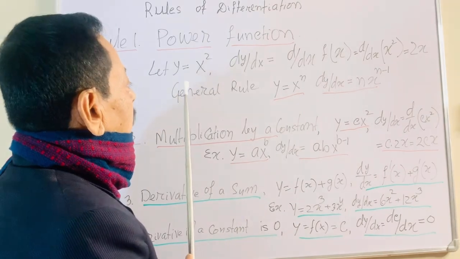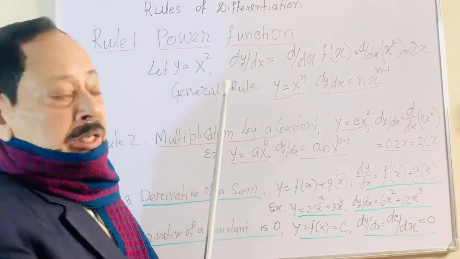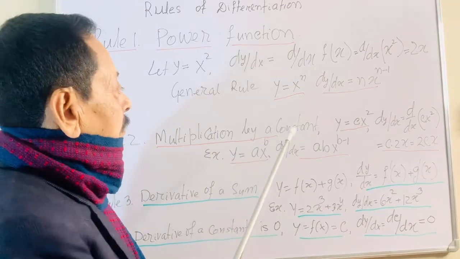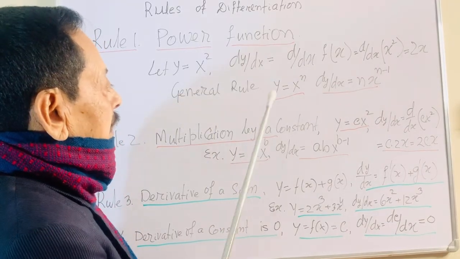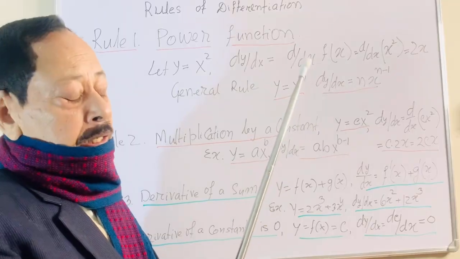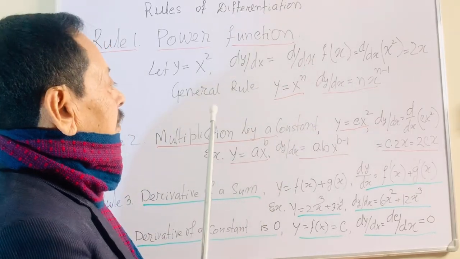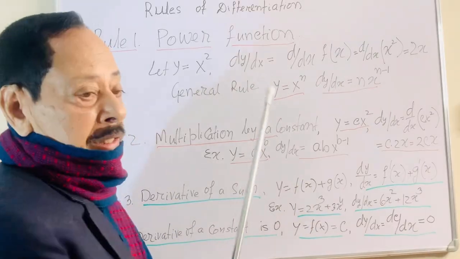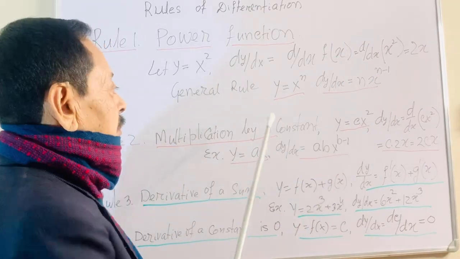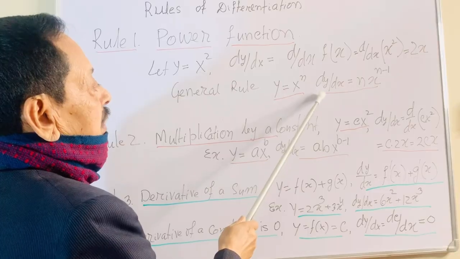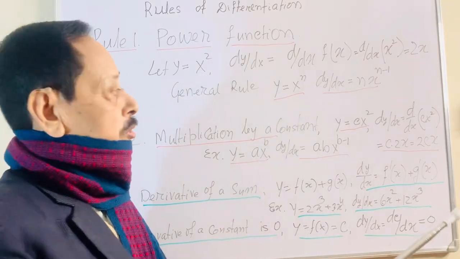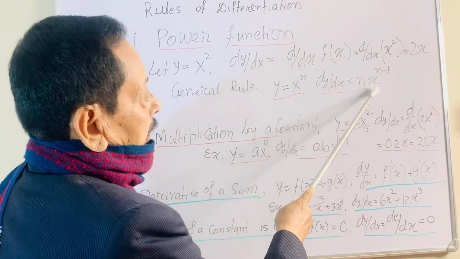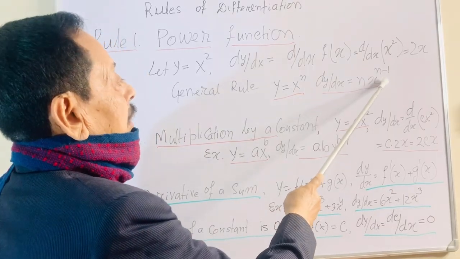So y plus delta y minus y divided by delta x, with binomial expansion, then we'll find that delta y by delta x is equal to this, and when delta x tends to 0, dy by dx is equal to n x to the power n minus 1.